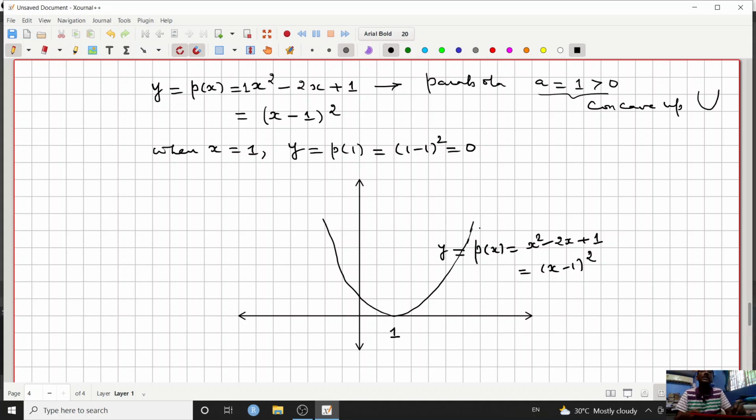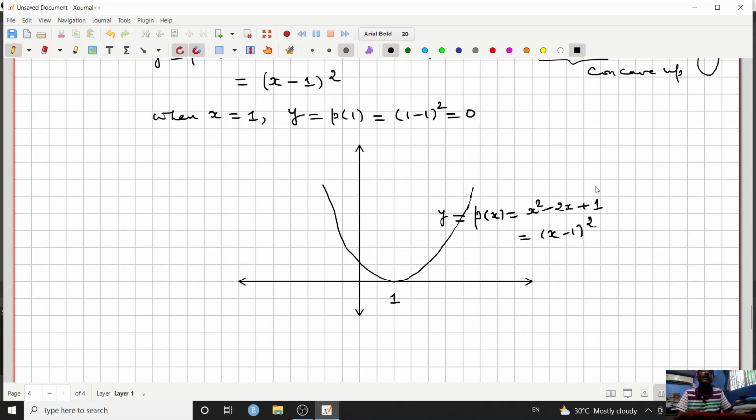So in this case we see that this parabola touches the x-axis exactly once, at only one point.